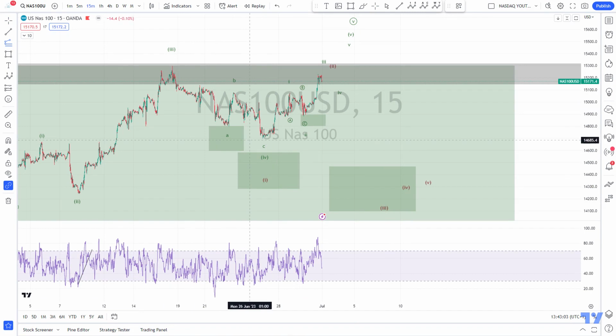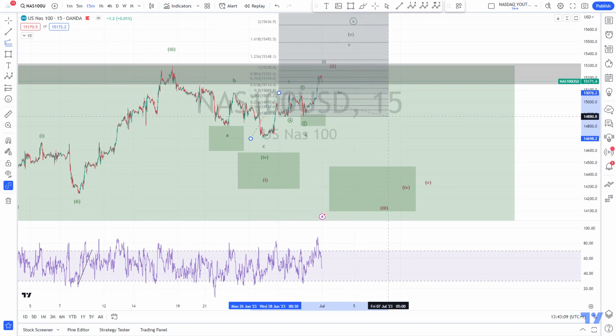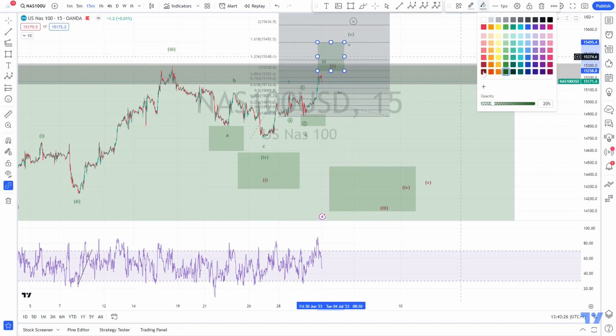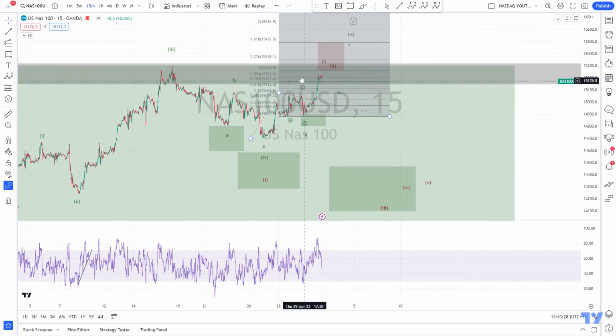Because look, if we take the length of this wave 1 and this wave, like this can be an ABC, you see, A, B, C, and then this becomes the area from where we will react as a wave 2 to the downside.